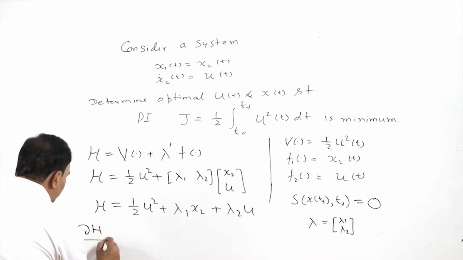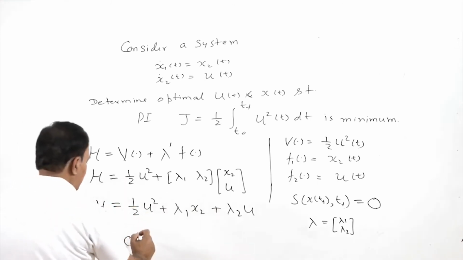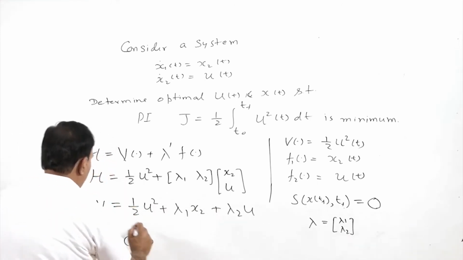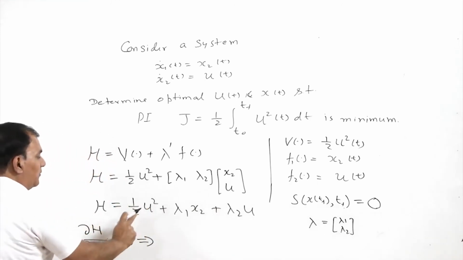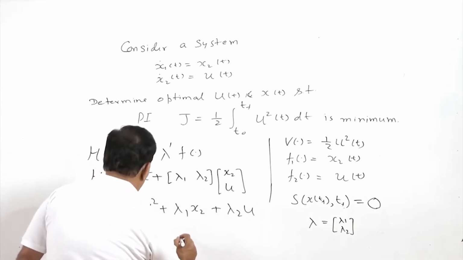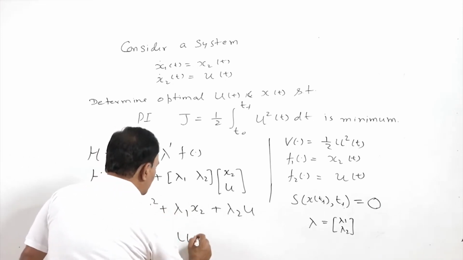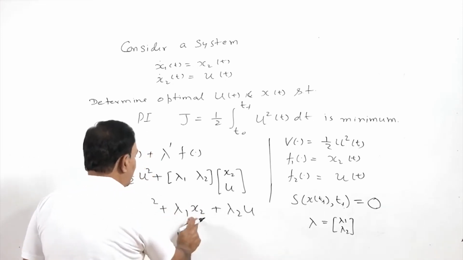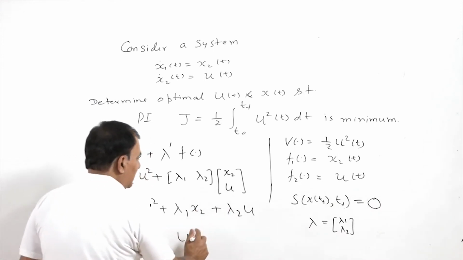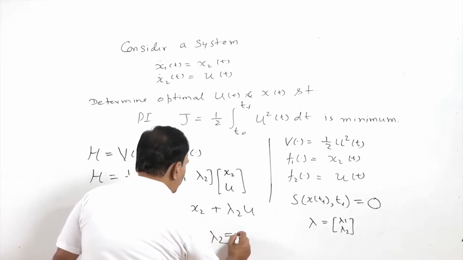If I differentiate H with respect to u, my first term gives u, the second term is independent of u, and the third term gives plus lambda 2, equal to 0.